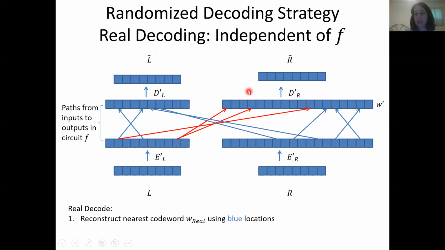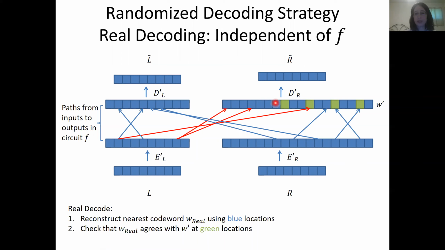Okay, just to review what the real decode and simulated decode will do. The real decode is going to reconstruct the nearest code word w real to w prime using all the blue locations. That's the natural thing to do. It will use all the information that it has in order to decode.